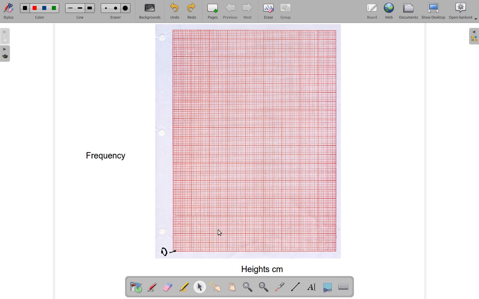Now, the frequency is at 0. Let's see how many centimeters we have going up. 1, 2, 3, 4, 5, 6, 7, 8, 9, 10, 11, 12, 13, 14, 15, 16, 17, 18, 19, 20, 21, 22, 23, 24, 25 centimeters.